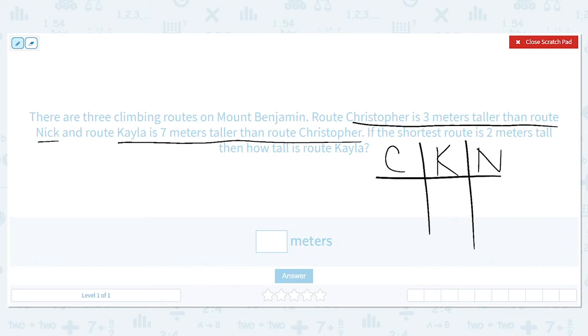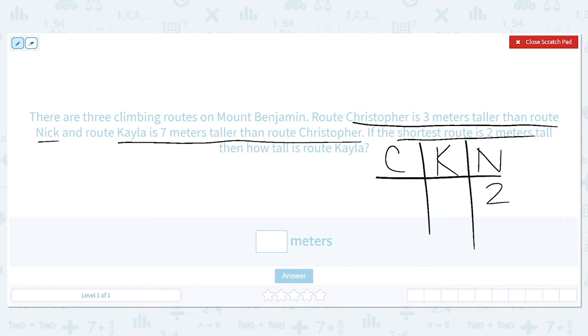Do we know how tall Nick is? It doesn't come right out and say it. So it says the shortest route is 2 meters. Does it say which one it is? No. So that means Nick is 2 meters. Okay, now that we have that, we can figure out the rest.